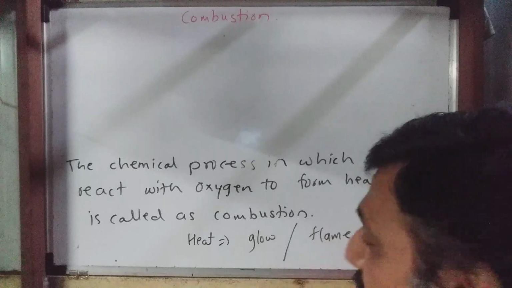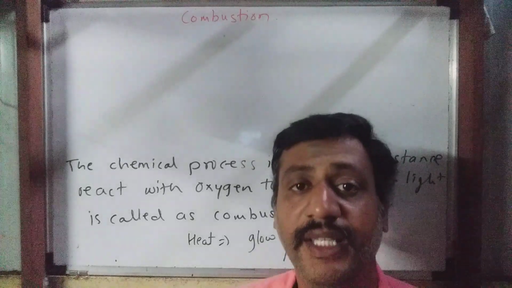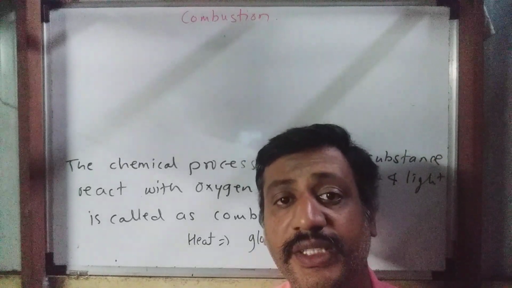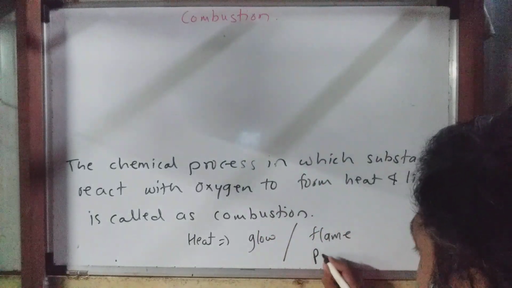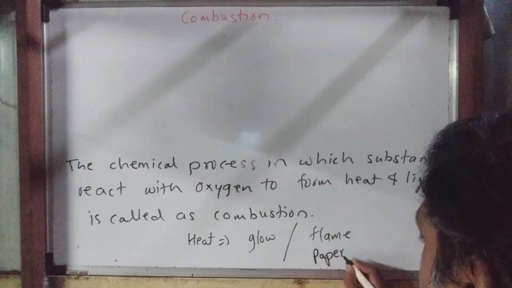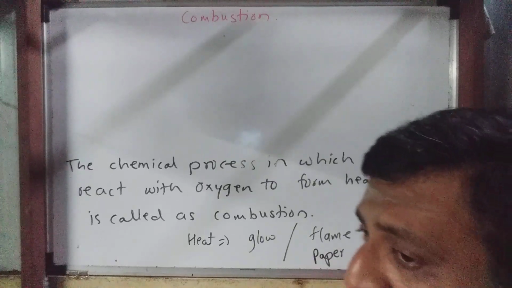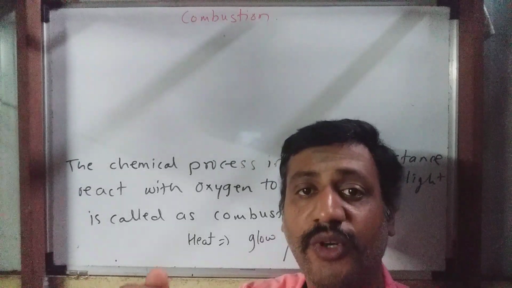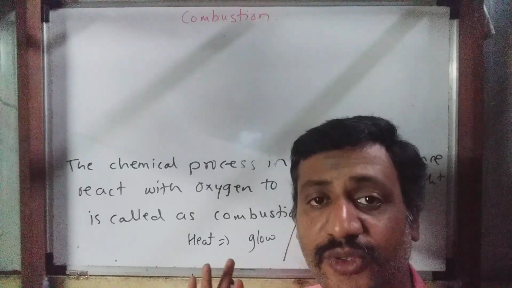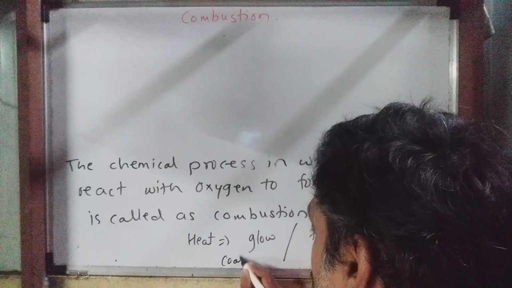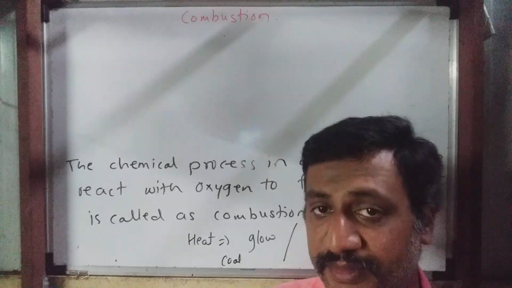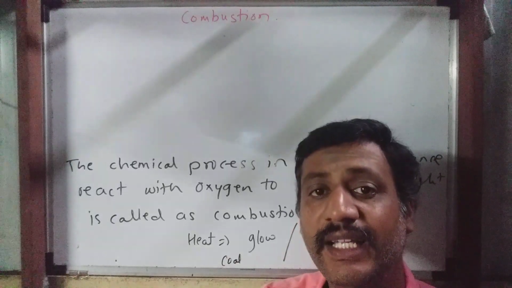Students, try to understand, whatever heat energy is released is either in the form of a glow or in the form of a flame. I'll give an example. If we bring about the combustion of paper, it burns with a flame. Wooden objects also get combusted and produce a flame. But if we take the example of coal or charcoal, these substances get ignited.